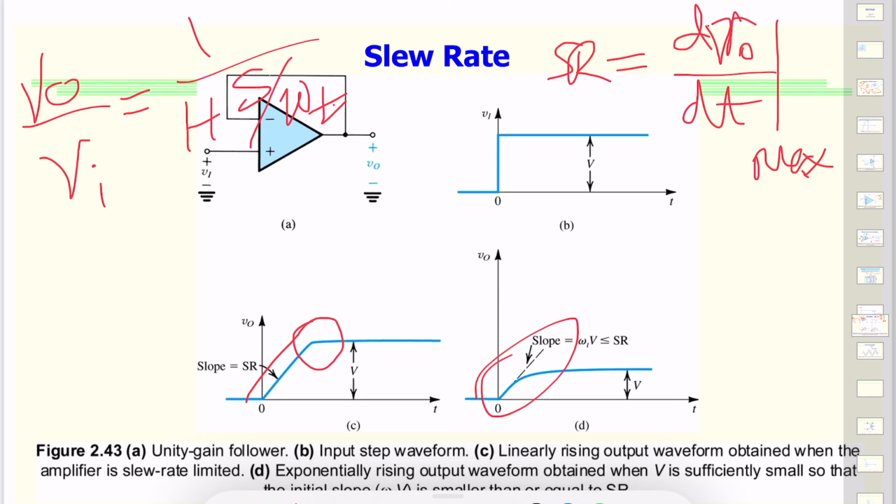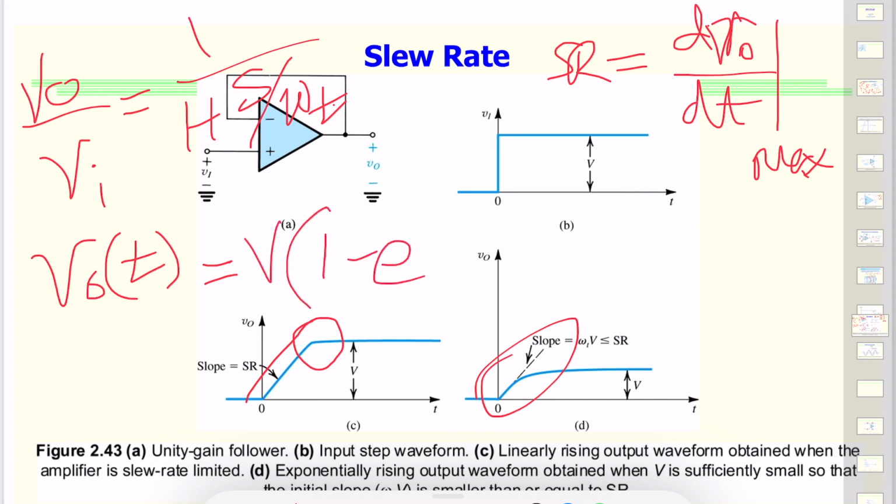If we use R1 infinite and R2 0, like we did with closed loop gain, our output would be an exponential function of the input, 1 minus e to the power minus omega t times t.